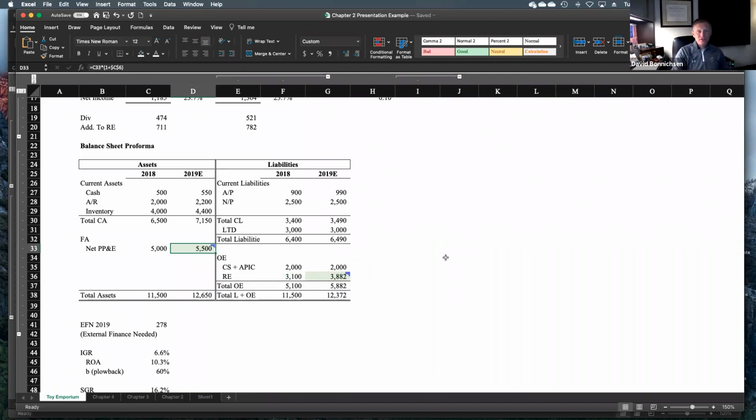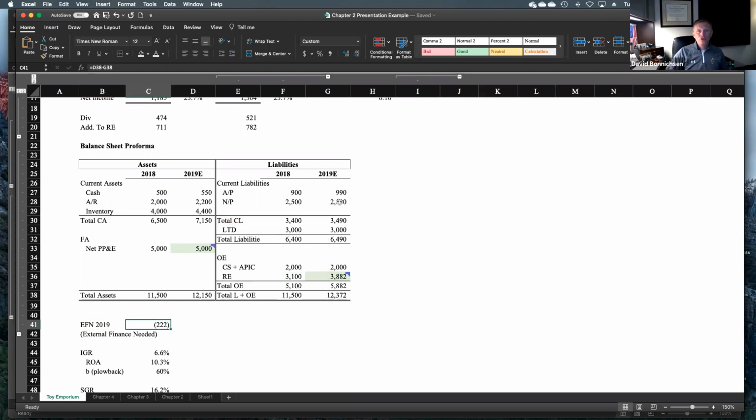And when we change this to simply be what it was for last year at 5,000, now instead of having money that we have to go out and find, it flips in our external financing. We have more than we need for 2019 because we didn't have to go buy new fixed assets, because we were already underutilized.